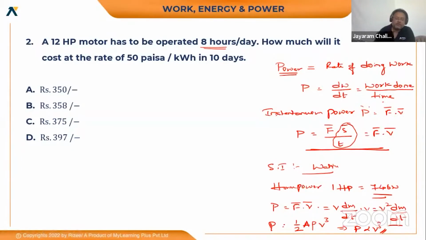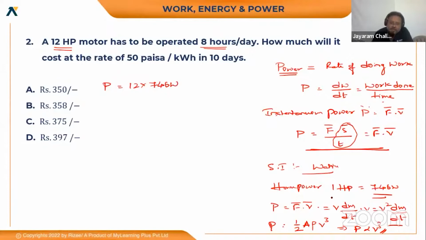Let's convert this HP value into watts. 1 HP is equal to 746 watts, so 12 HP will be 12 into 746 watts. This is your power.